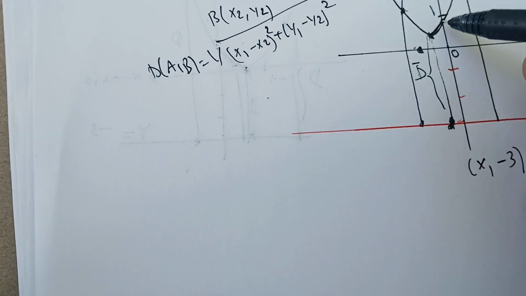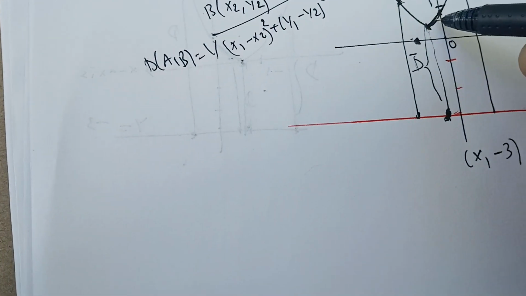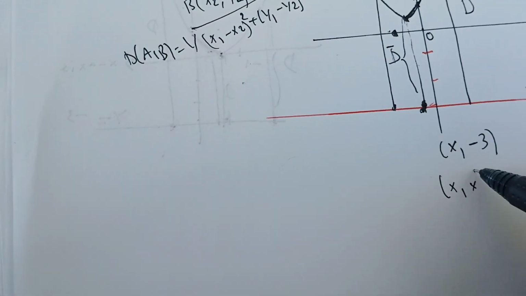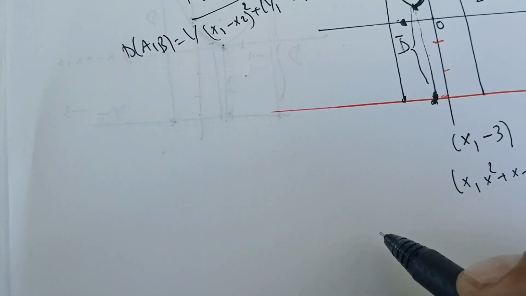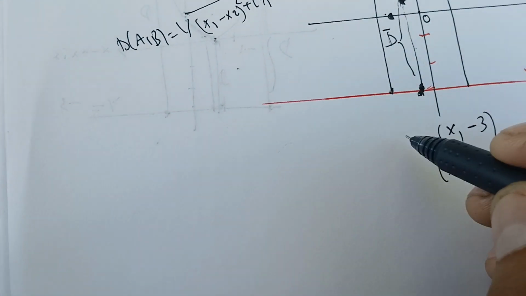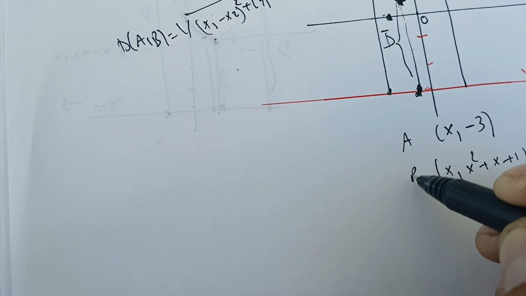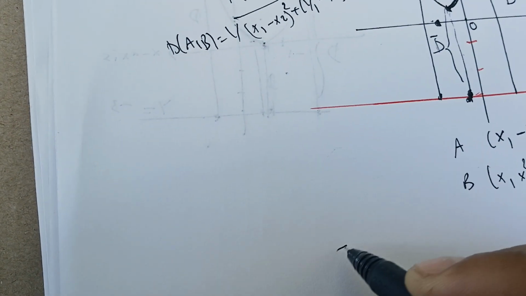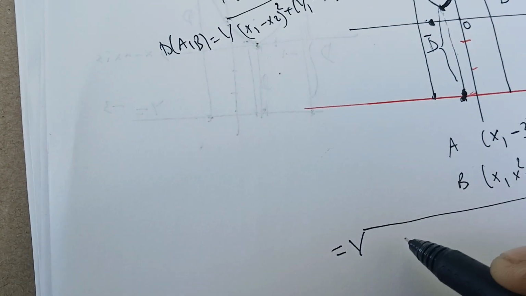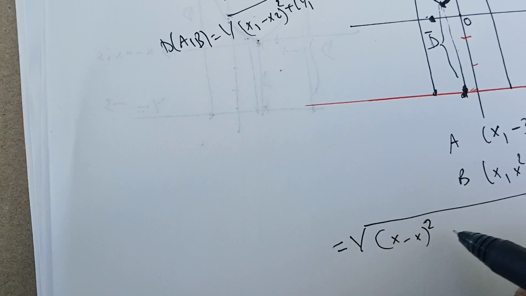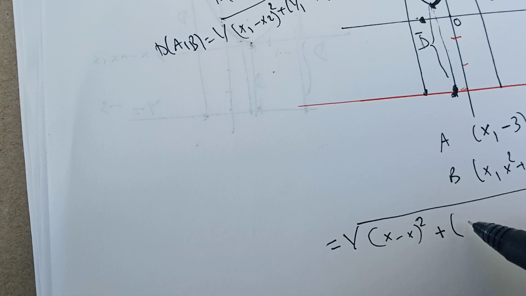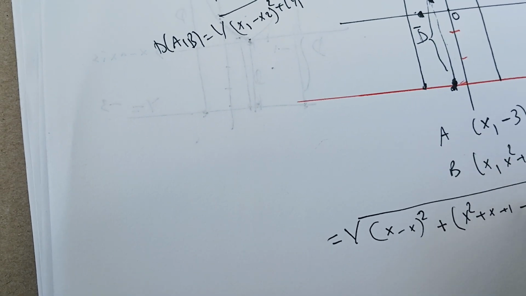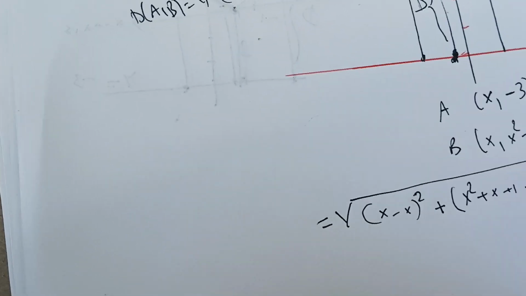The same thing for this person: it has the same x, but y is given by x squared plus x plus 1. So now we have two points, A and B, and let's find the distance. The distance is the square root of (x minus x) squared, which is obviously 0, plus (x squared plus x plus 1 minus -3) squared, that is, plus 3.